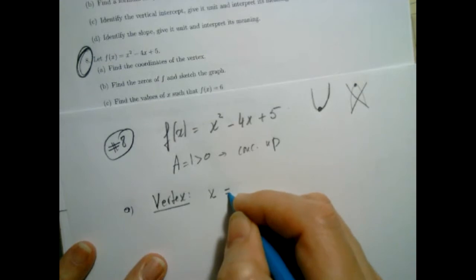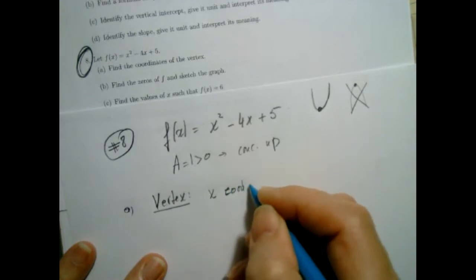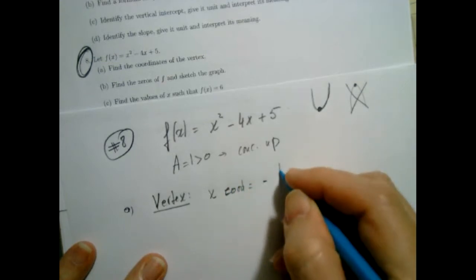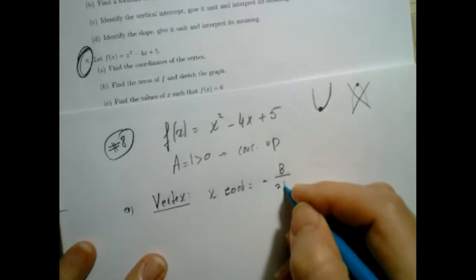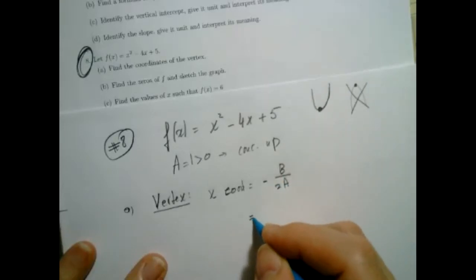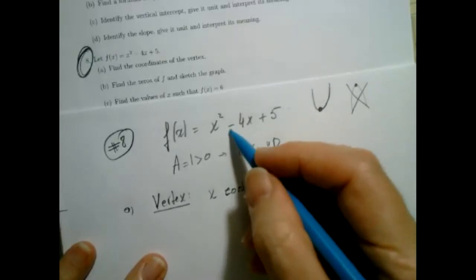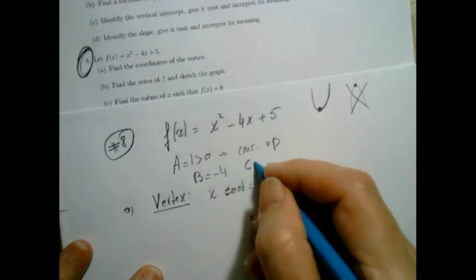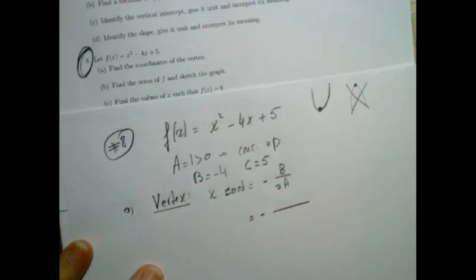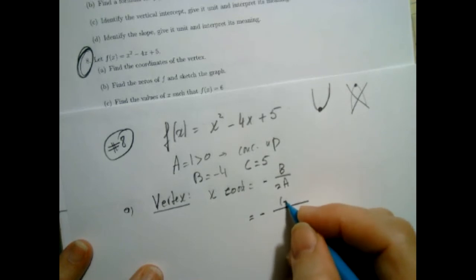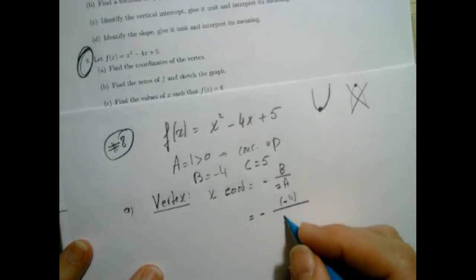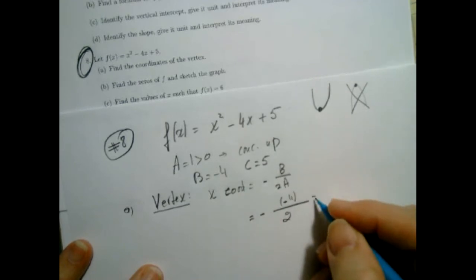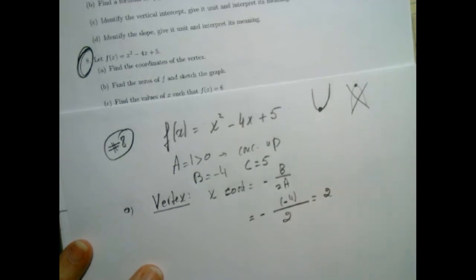The formula is that the x coordinate is minus b over 2a. The b in my problem is minus 4 and the c is 5.